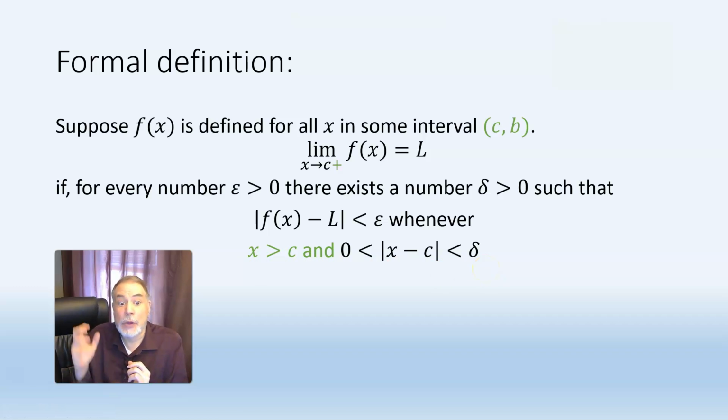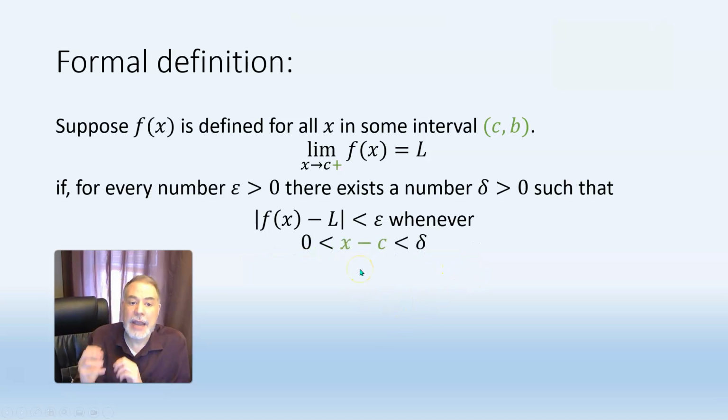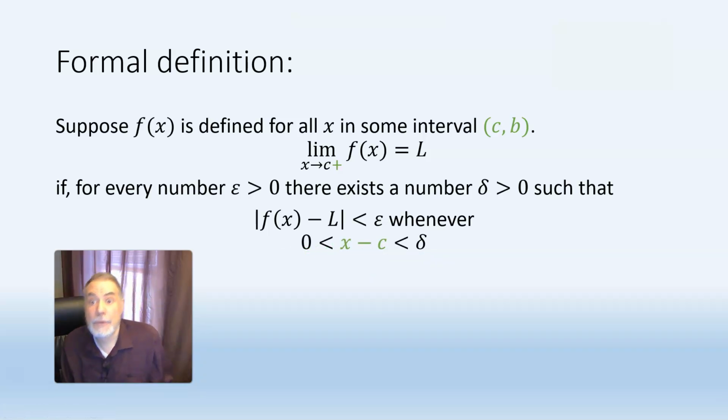Instead of specifying, okay, x has to be greater than c and 0 is less than the absolute value of x minus c is less than delta, we could just say that x minus c itself, without the absolute value bars, is greater than 0, which ensures that x is greater than c, and is less than delta.